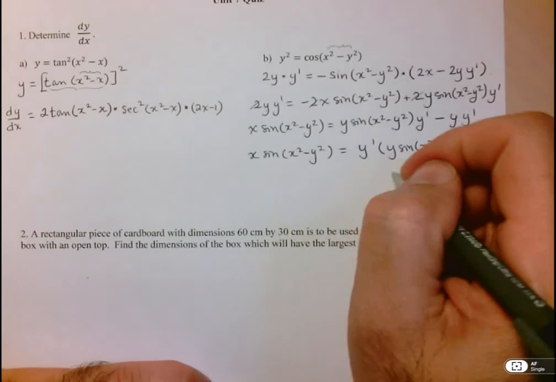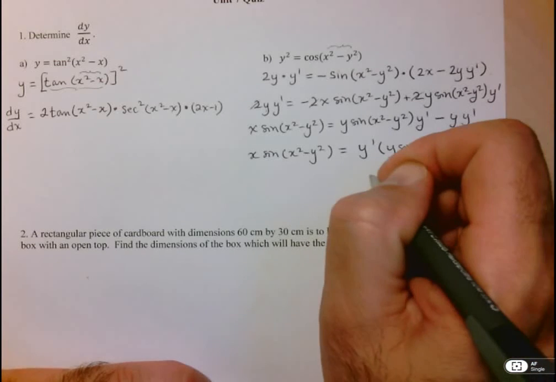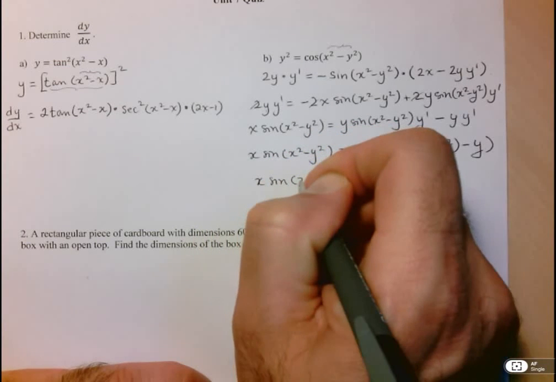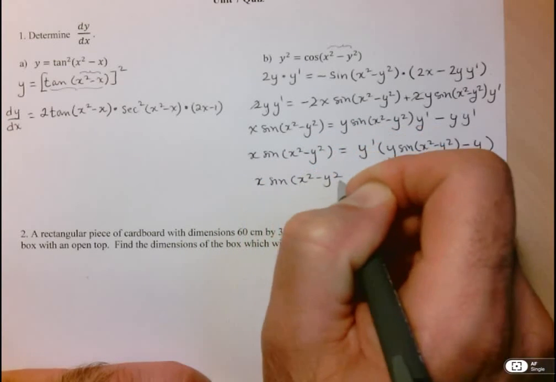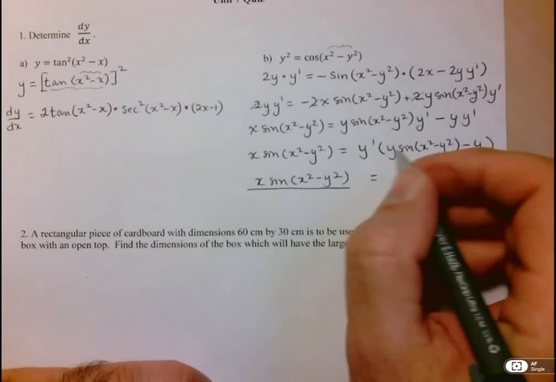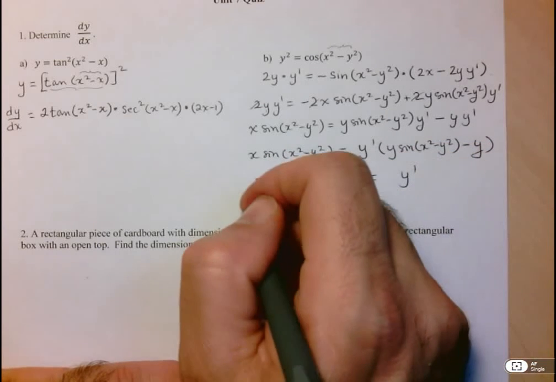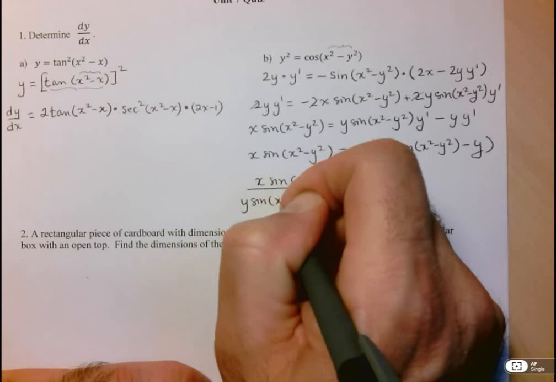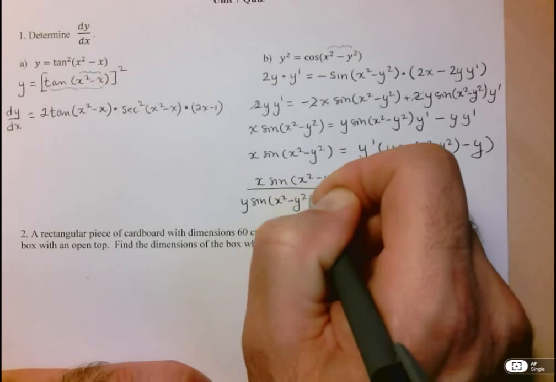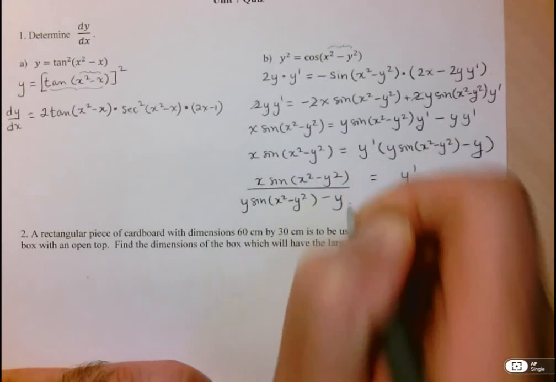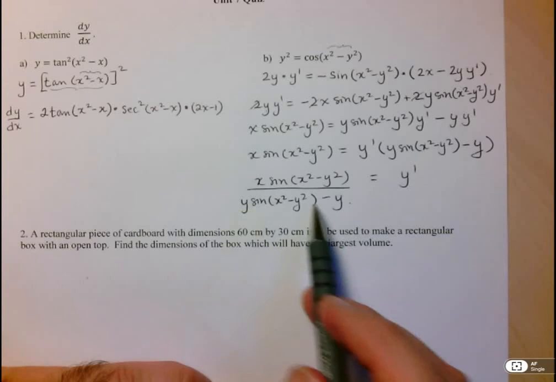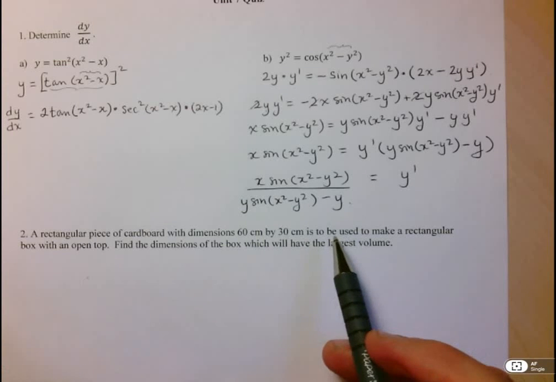Now we can isolate y prime. So y prime is equal to x sine of (x squared minus y squared) all over this factor, y sine of (x squared minus y squared) minus y. Not really much else we can do. I suppose you can factor the y out here, but I don't know that that actually simplifies it.